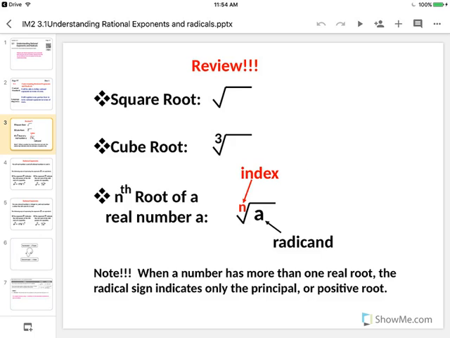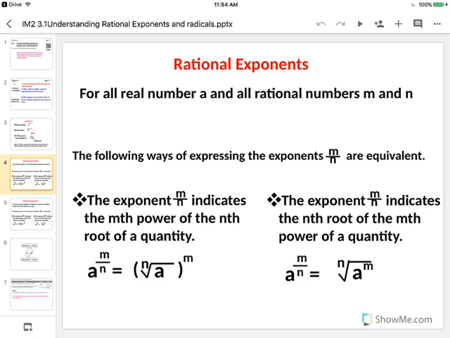Okay, so this is the same one, so it looks neater. The first one is called the square root, the second one is called the cube root, and the last one is called the nth root. So for rational exponents, for all real numbers a and all rational numbers m and n, the following ways of expressing the exponent m over n are equivalent.